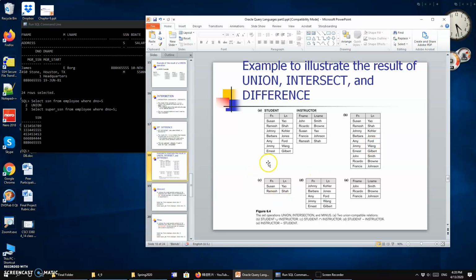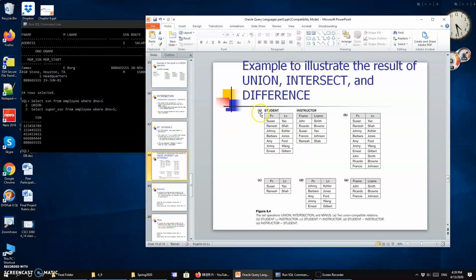When we look into the C table, that means we try to intersect. So you can see that for the C table, student intersect with instructor, only the people that appear in both tables will survive the operation. So we only have two persons that are in both tables. If we use student minus instructor, which is this table, we take the student table and then take away anyone who also appeared in the instructor table.